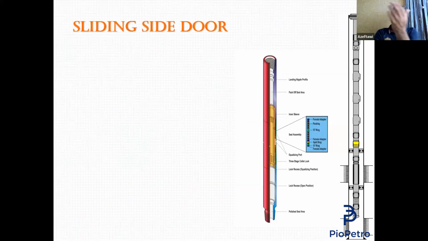The second group, which is the circulating device group, we said we'll have 2 devices mainly. We have the sliding side door and the side pocket mandrel. What you see in front of you now is the sliding side door. Let me see if you have any questions.